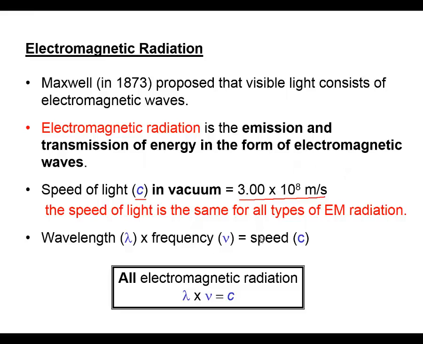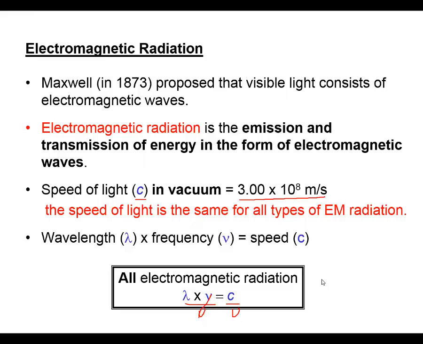Okay, so the speed of any wave, as I said on the previous slide, is equal to its wavelength times its frequency. So we can use the following equation: the speed of light, or the speed of electromagnetic radiation, is equal to its frequency times its wavelength. If I have any one of these variables unknown, I can solve for the other. For example, if I knew the wavelength but wanted to solve for frequency, we could divide both sides of this equation by the frequency.